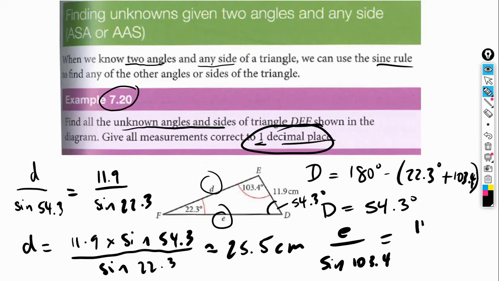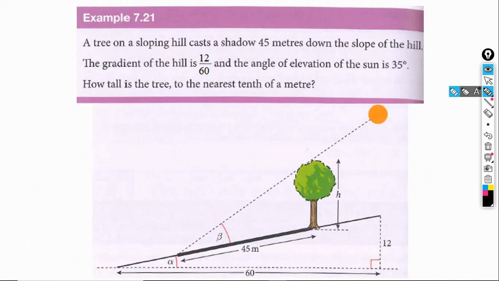So let's use 11.9 over sine of 22.3. And then if we do the math and solve for E, we get that E is approximately 30.5 centimeters. Okay, so we are now working on problem 7.21, or example 7.21.